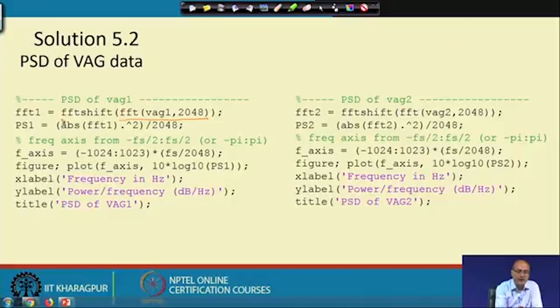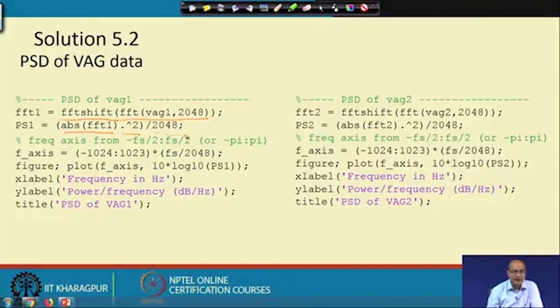We have used the command fftshift to get the spectrum from minus pi to plus pi, and we take the absolute value and compute the square of each of these values divided by the number of samples.